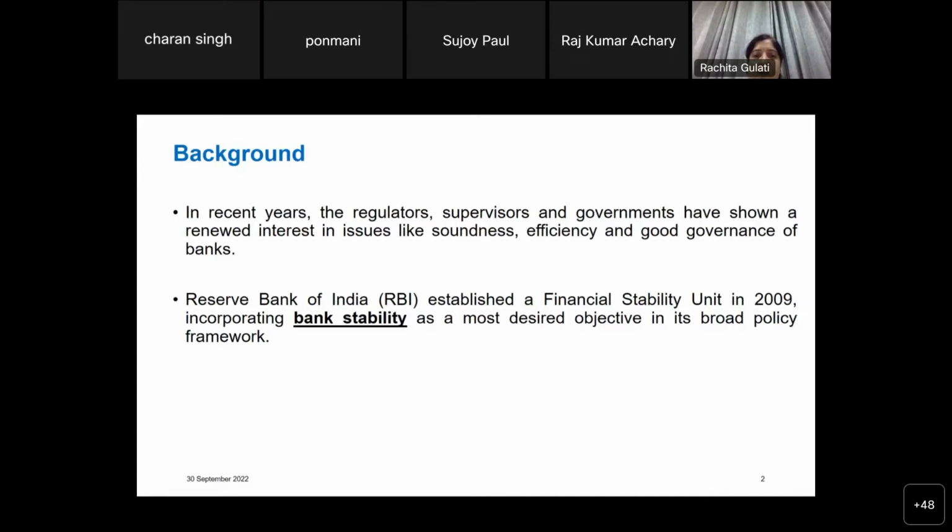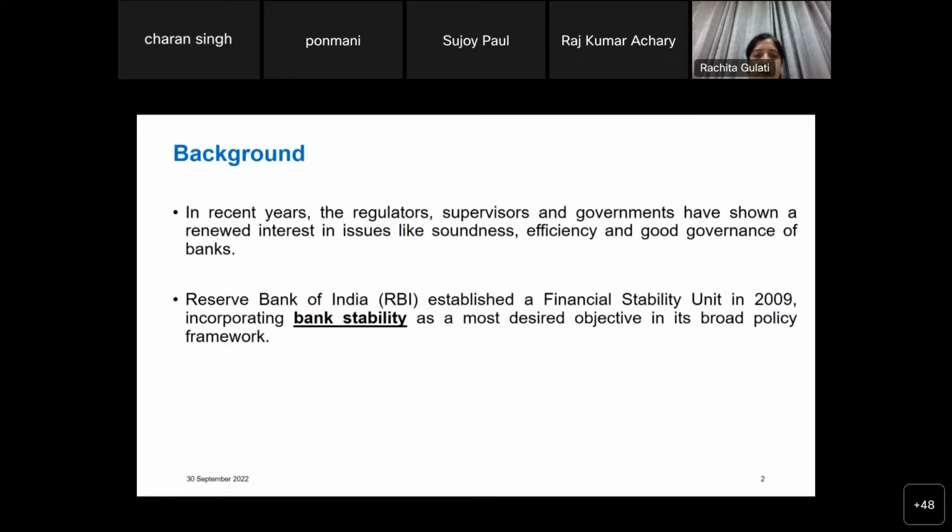The central banking authorities in other developing and emerging nations have also brought in this initiative as a desired objective in the broad policy framework.